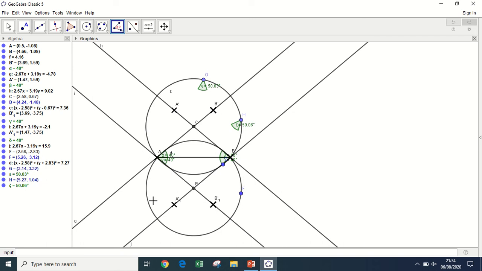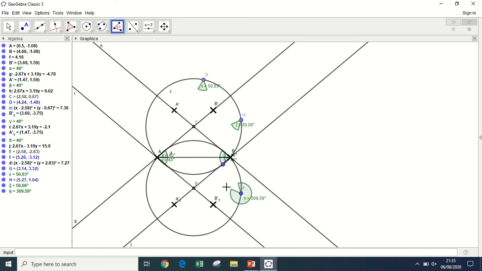If you take any point also on the circumference here, say point F, and measure the angle from A, F, B, it says 309.59. If you get 360 minus this, you're going to get 50.4 something. So there's again a small error there.